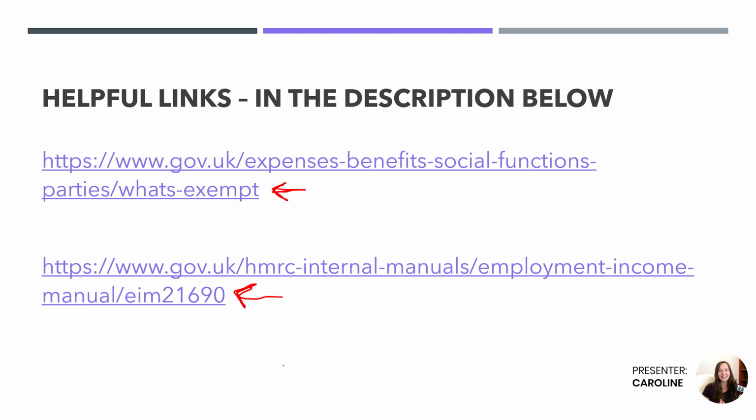The internal manual has much more detail, so if you want to get really into it, feel free to look at that. If you just want the basics of what's exempt and you're not doing something super complicated, then the first link will be absolutely fine. But feel free to check out both of those. It's good to check all resources where possible, especially from the gov.uk website, because that's what they'll be using to determine whether you're following the legislation correctly or not.